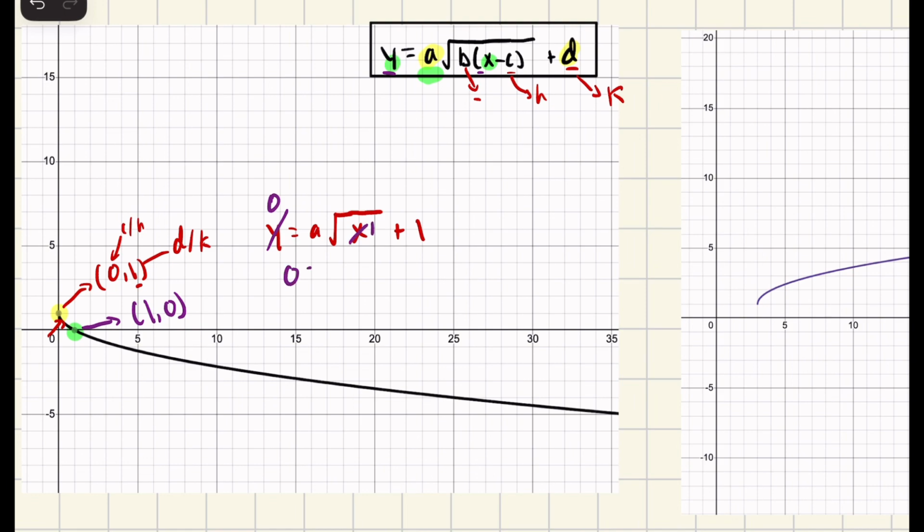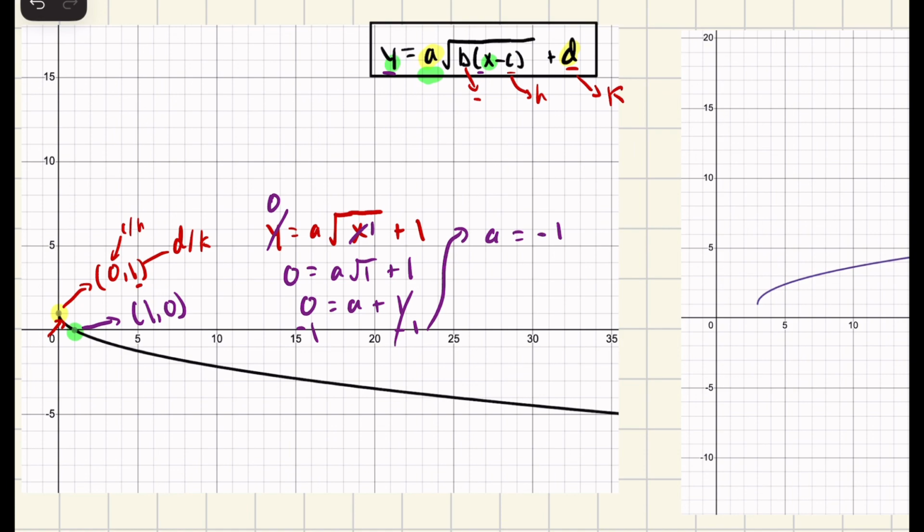And so we would have 0 is equal to a square root 1 plus 1. And the square root of 1 is just 1, and then a times 1 is just a. So it's 0 equals a plus 1. And then to isolate for a, we're going to subtract 1 on both sides. And so our a ends up being negative 1.